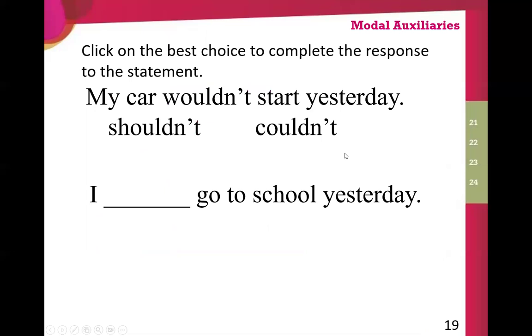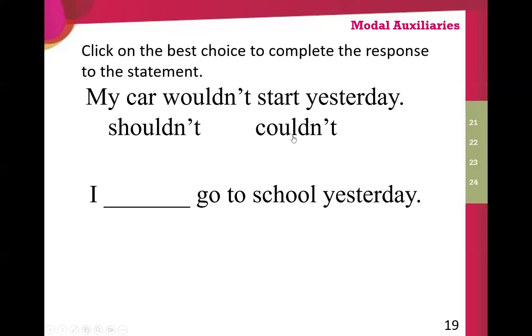Now I want to answer this question. Click the best choice to complete the request or respond to the statement. The statement says that my car couldn't start yesterday, so I couldn't go to school yesterday.